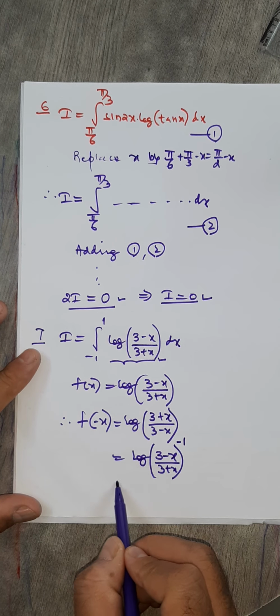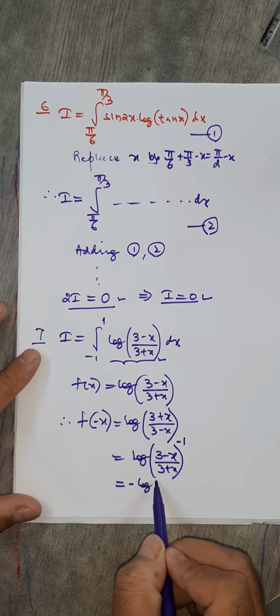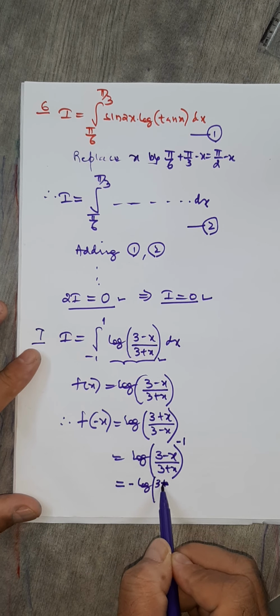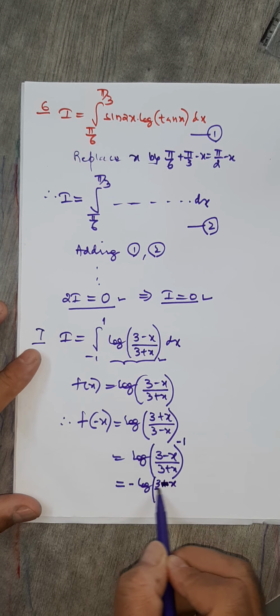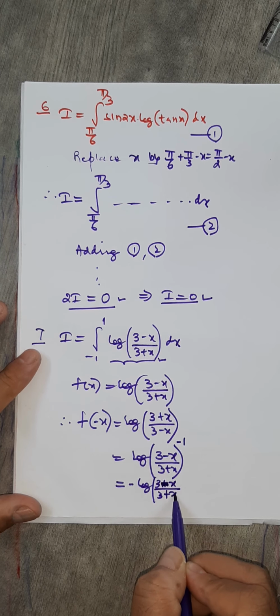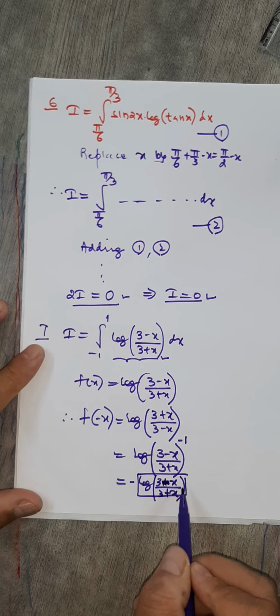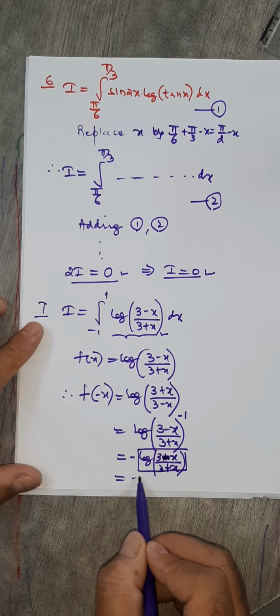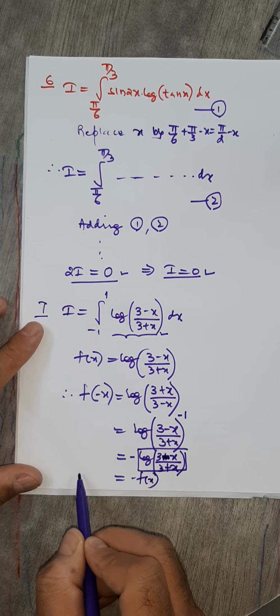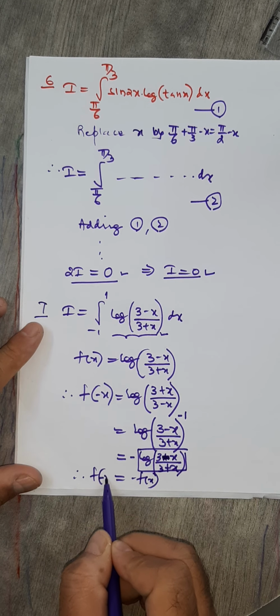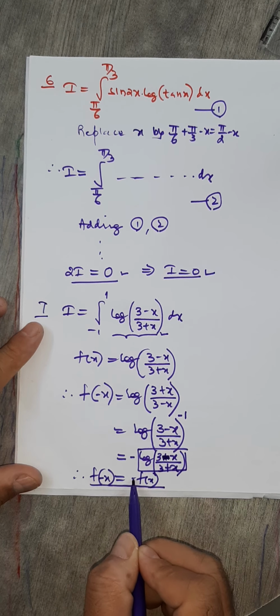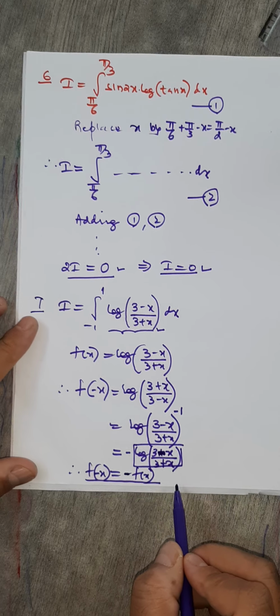Now this minus 1 will come in product, you know this is the property of the log function. Log of 3 minus x upon 3 plus x. Now what is this? This is nothing but f(x). So what you have shown is f(minus x) equals minus f(x).